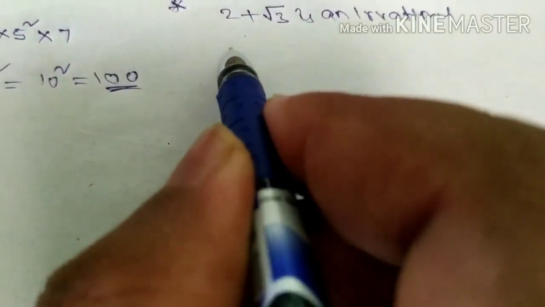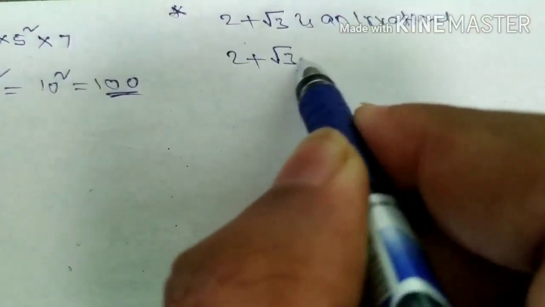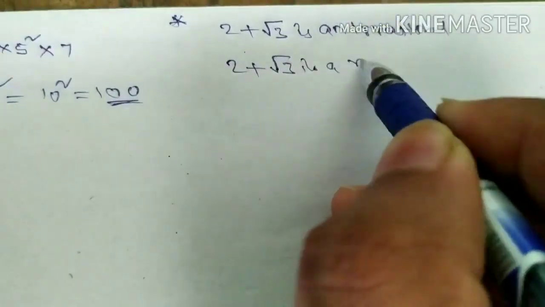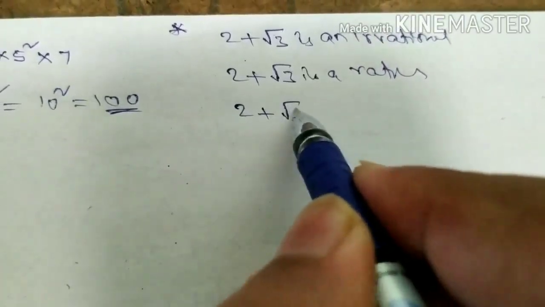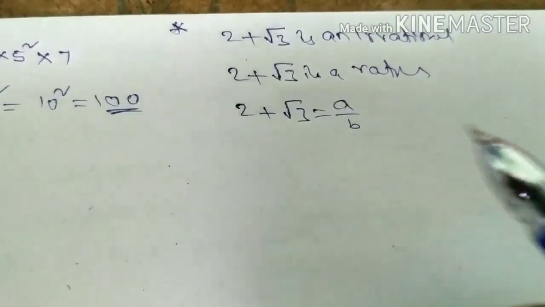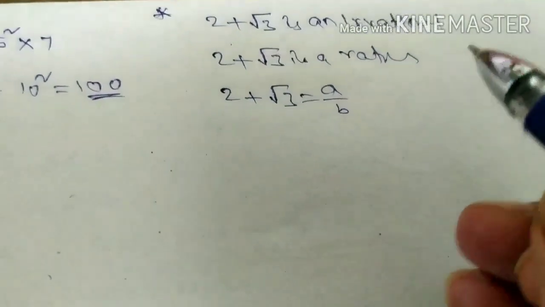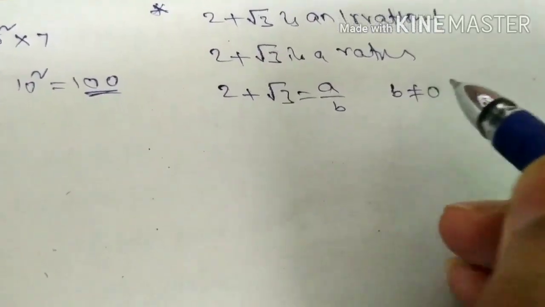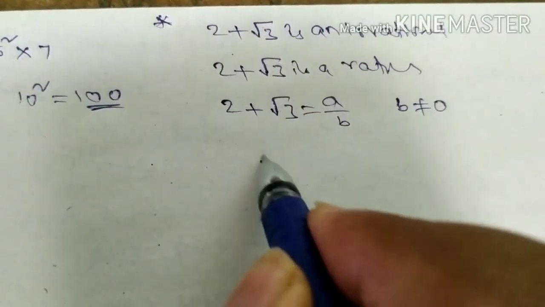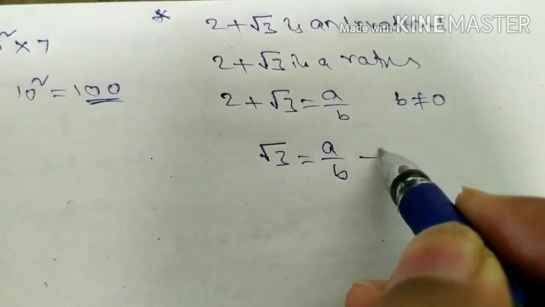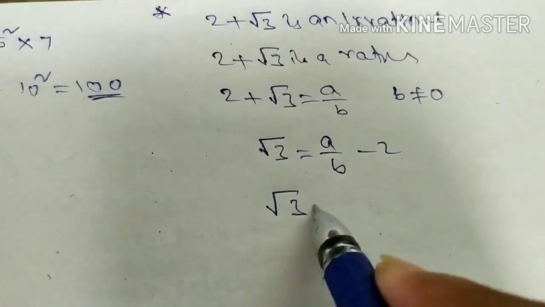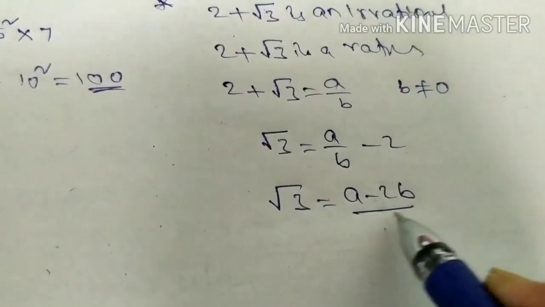Let us consider 2 plus root 3 is rational. So 2 plus root 3 is equal to a by b, where a, b are co-primes and b is not equal to 0. So root 3 is equal to a by b minus 2. Now root 3 is equal to a minus 2b by b.